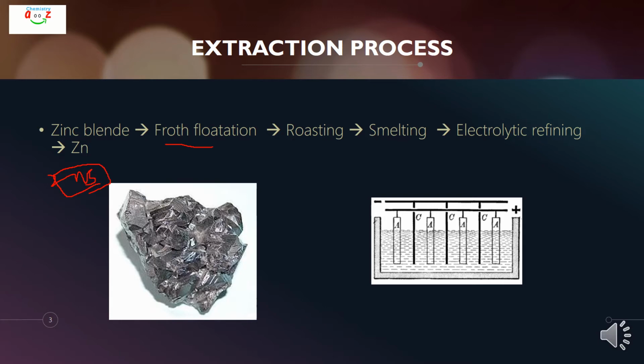Students, roasting means, one more time to make it clear, heating in the presence of air. So we are heating the oxide ore, which is converted from the sulfide ore, in the presence of O2 or air. This is known as roasting, and smelting is in the absence of air.